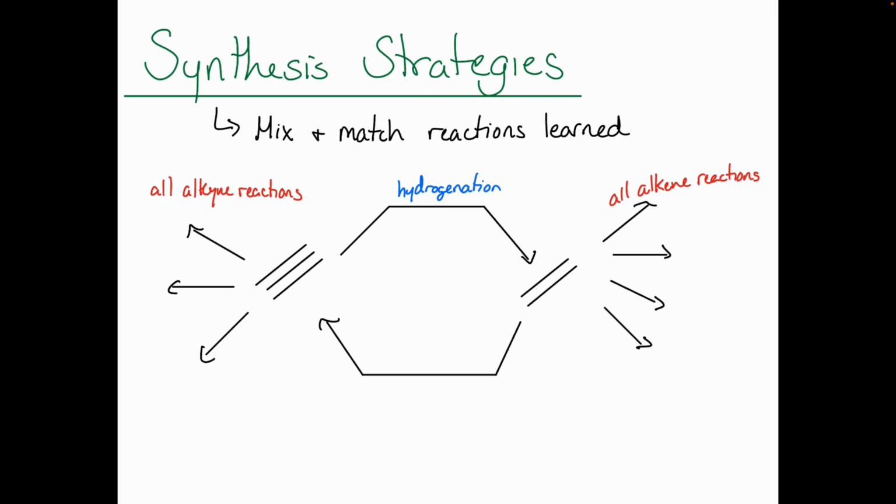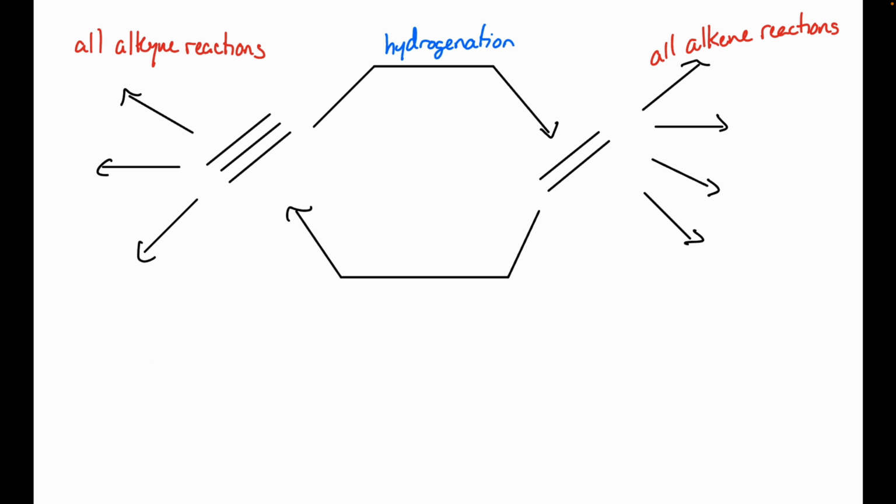All right, so how do we do it? It turns out that you can treat an alkene with a halogen, like bromine. We already knew that. This produces this dihalide product, this product that has two of those halogens.